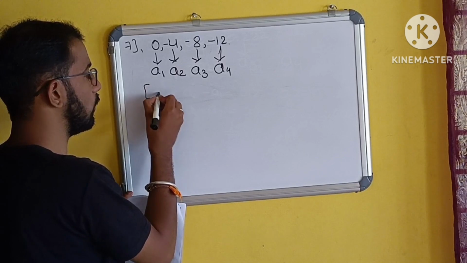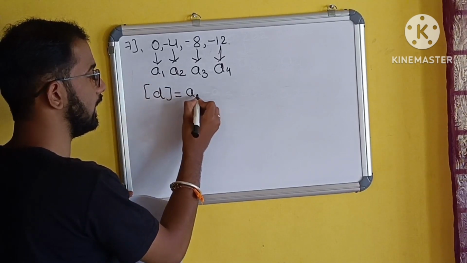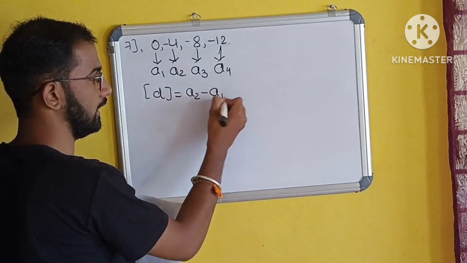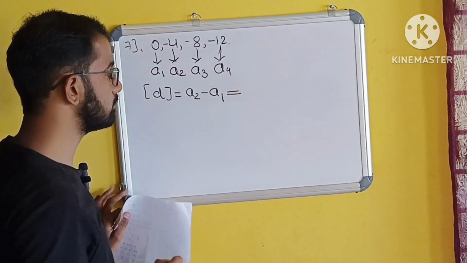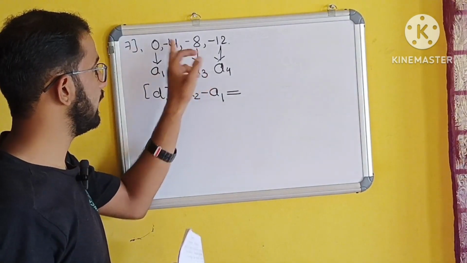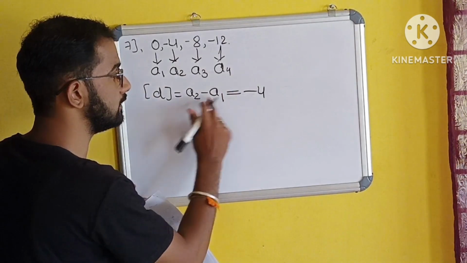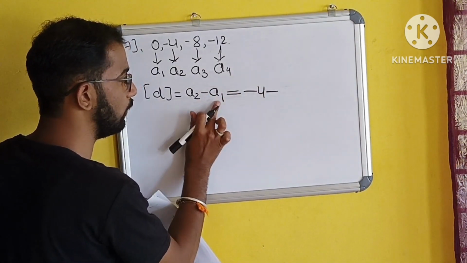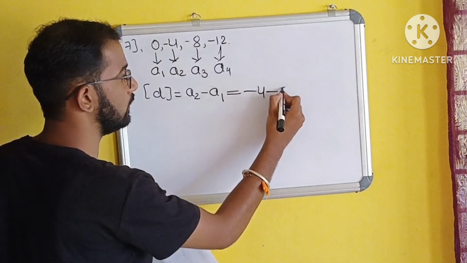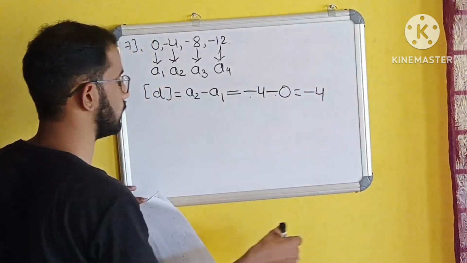Now let's check the common difference D, A2 minus A1. The value of A2 is 4, minus the value of A1, which is 0. 4 minus 0 is 4.